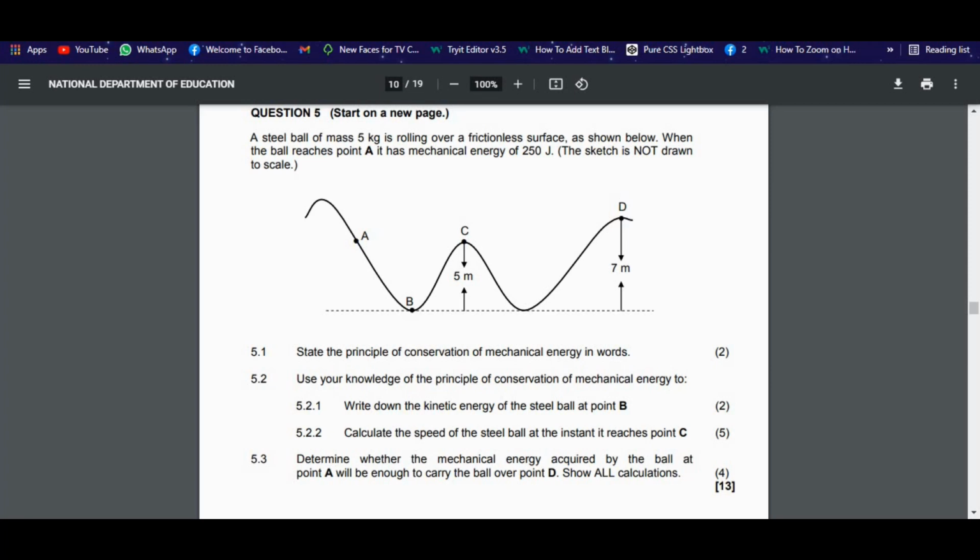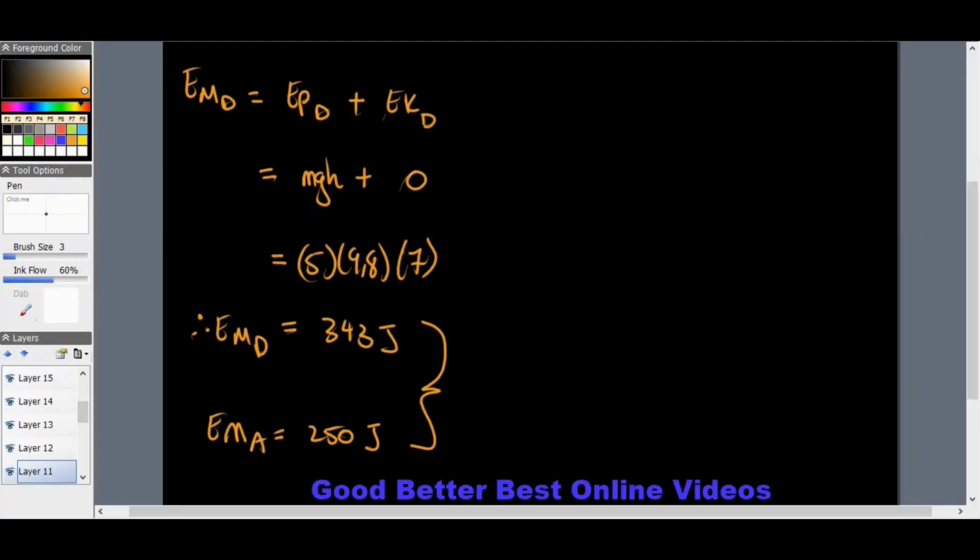The mechanical energy of the steel ball is 250 joules at point A, which is less than at D. So the ball will not reach point D.